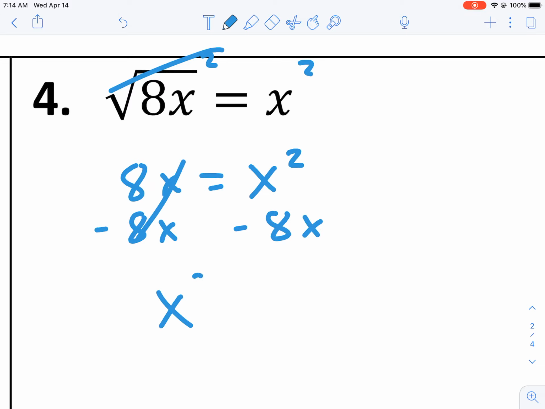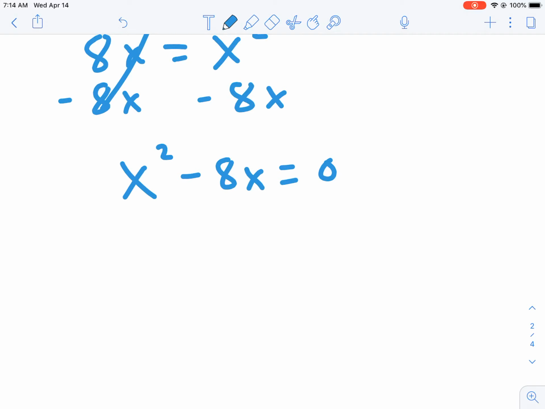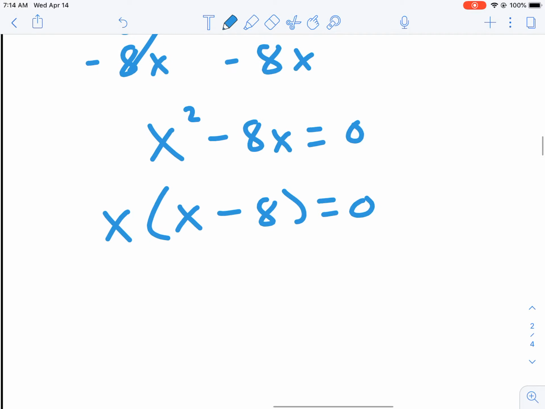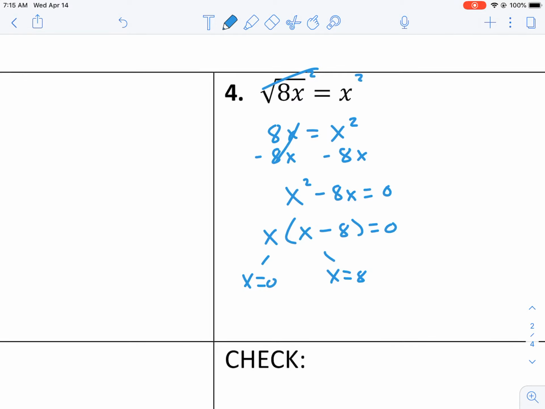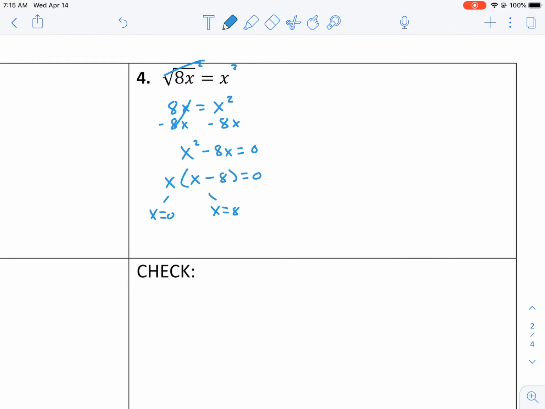You want it to equal 0, so we got x squared minus 8x equals 0. If we factor out an x, we get x times x minus 8 equals 0, and then your two solutions are x equals 0 and x equals 8. So here you kind of have to check both of them. One of them might be real and one of them might be extraneous.